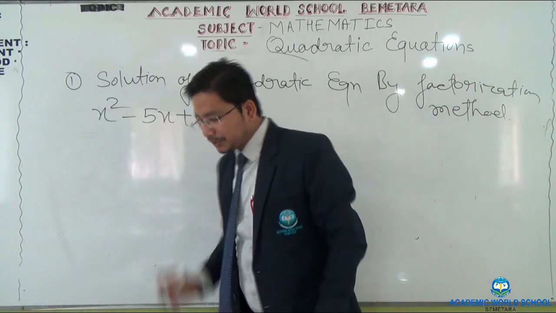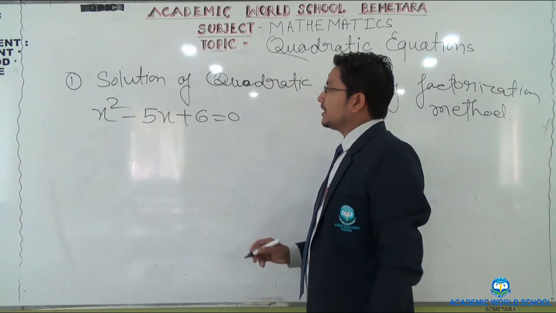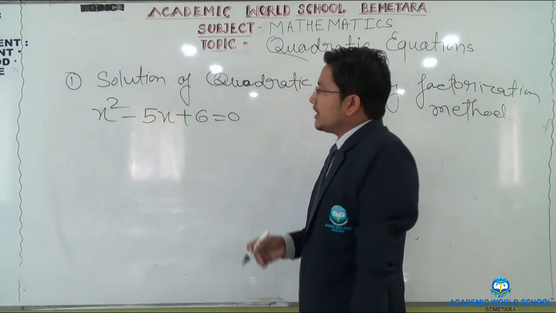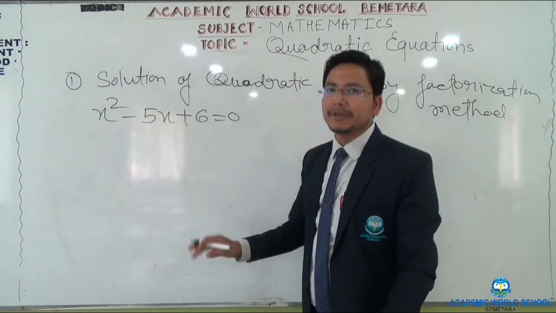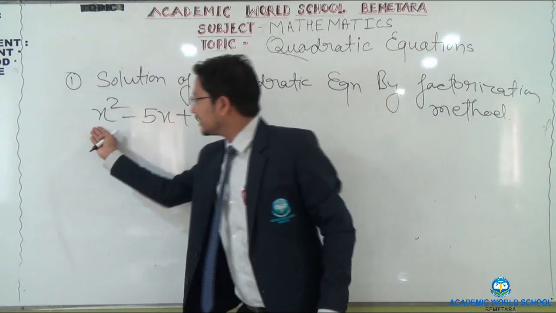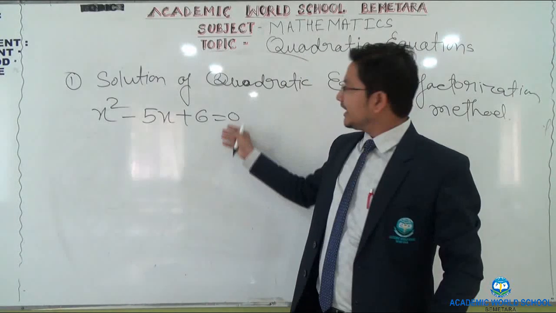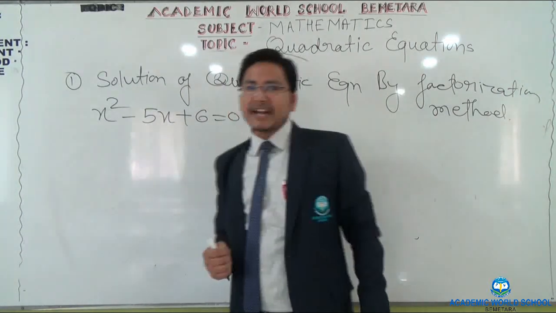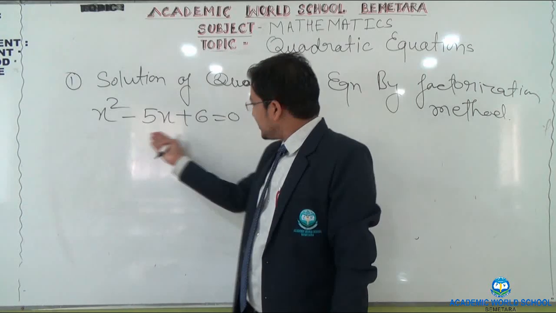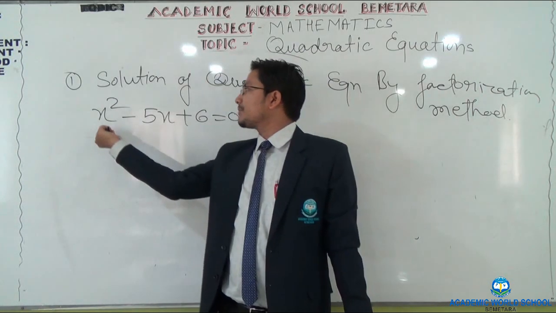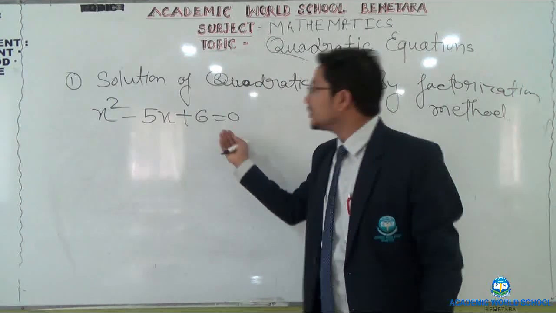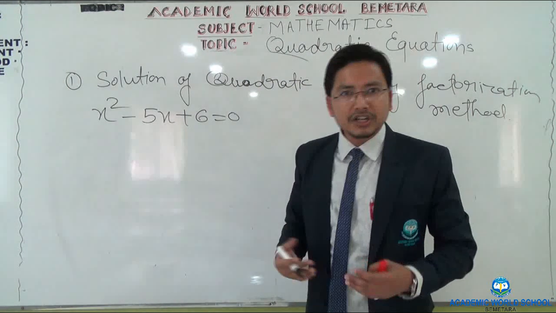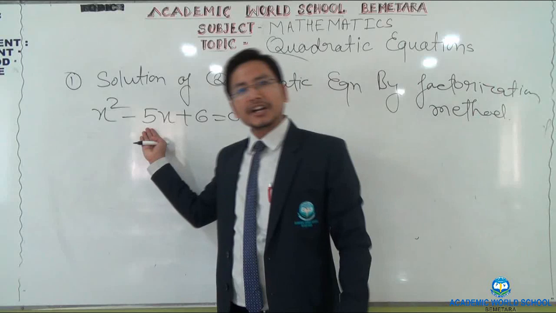What exactly is a root? A root is a particular value of x which, when substituted in the quadratic equation, satisfies it, meaning both sides are equal. If I substitute x as 1 and it is not equal to 0, then 1 is not a root of this particular quadratic equation.